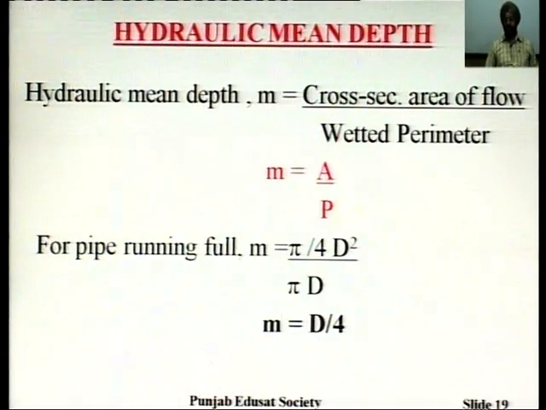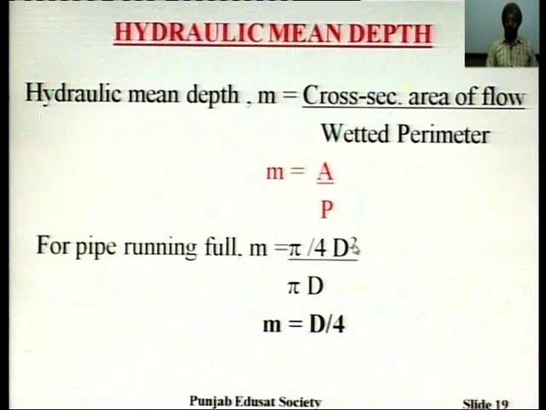Let's look at the mathematical expression. As I just told you, hydraulic mean depth is given by area upon wetted perimeter, so it is A upon P. We all know for a pipe running full, a circular pipe, the value of the area is pi by 4 d square, and the wetted perimeter is pi into d.